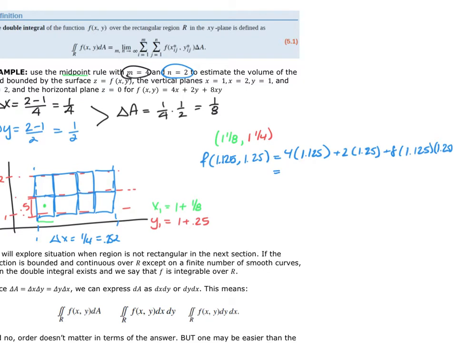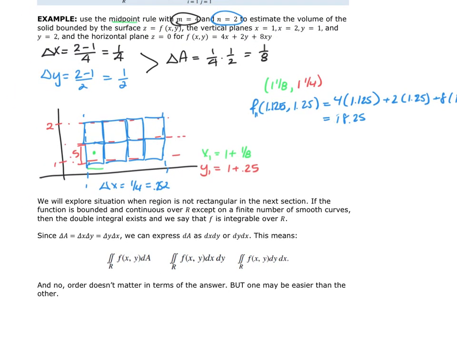It's getting messy already. This gives me my first height. Plugging this into my calculator, I get 18.25. I'm going to call this F11. And that is the height in box 1. So first row, first box, so this is F of 1, 1.